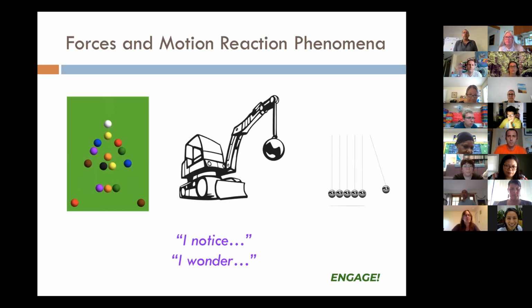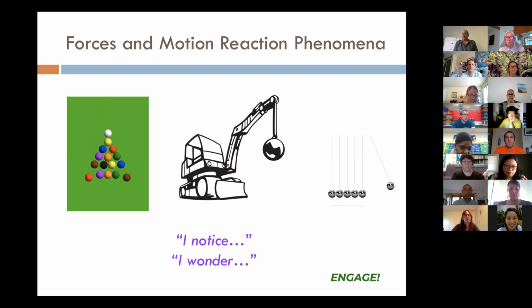As you're thinking about why we teach them, here's a few images and GIFs that reflect some of the principles of forces and motion. You might use the prompts at the bottom of the screen, I notice or I wonder, as an opportunity to engage in these images and animations.